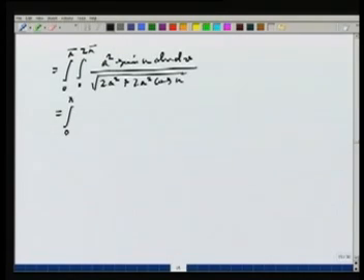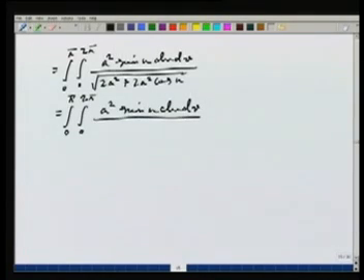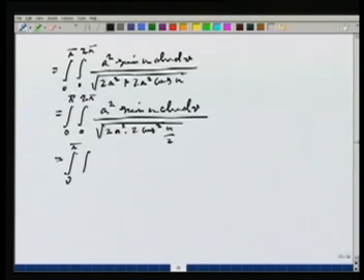This, if I use the formula of cosine of u by 2, I get the following: square root of twice a square into 2 cosine square u by 2. Okay, this is then 0 to pi by 2, because variation of u is up to pi by 2.